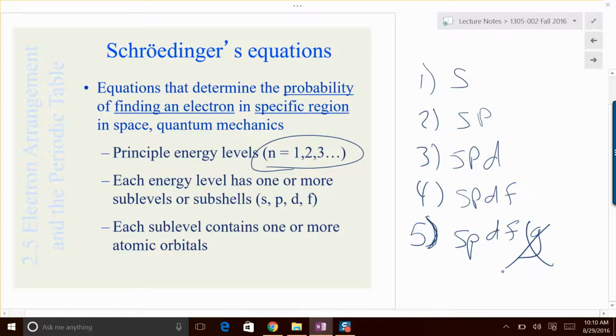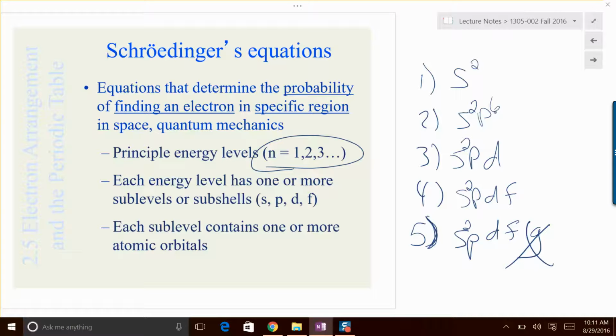So how many electrons does an S sub-energy level hold? 2. How many electrons does a P sub-energy level hold? Oh, not 8. Not 5. Close. 6. Right? 1, 2, 3, 4, 5, 6.